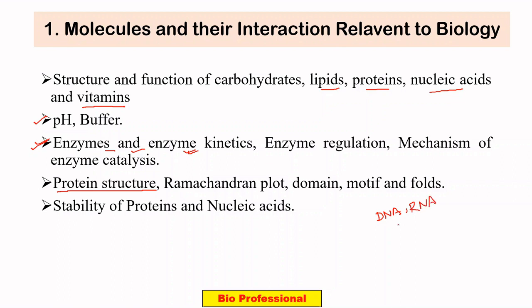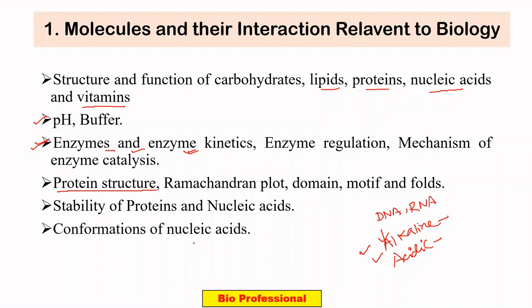There are different conditions like alkaline condition, acidic condition. So how these nucleic acids behave under these conditions, we study this part. And the conformation of nucleic acids, okay, like A form, B form, Z form, we have different conformations. You have to prepare this part.